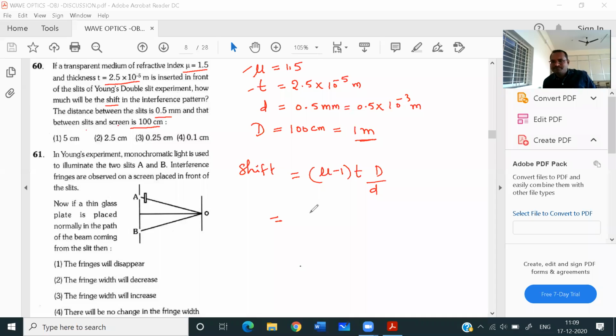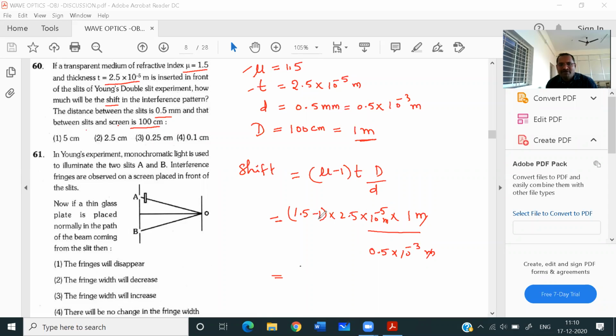So mu value is 1.5 minus 1, into thickness 2.5 into 10 to the power of minus 5, into capital D which is 1 meter, upon small d, which is 0.5 into 10 to the power of minus 3 meters. Here meter is there, so that you will get the answer in meters.